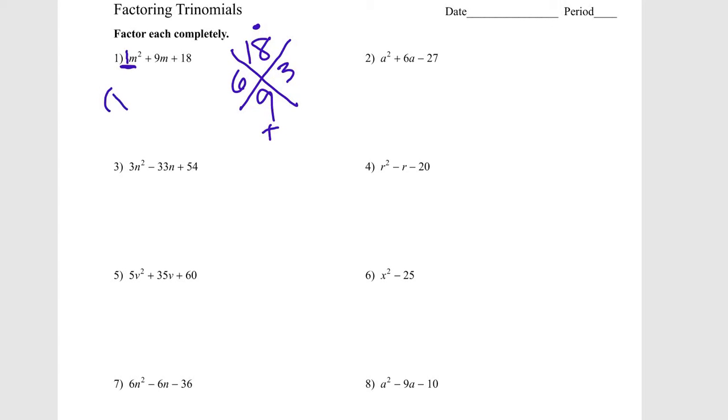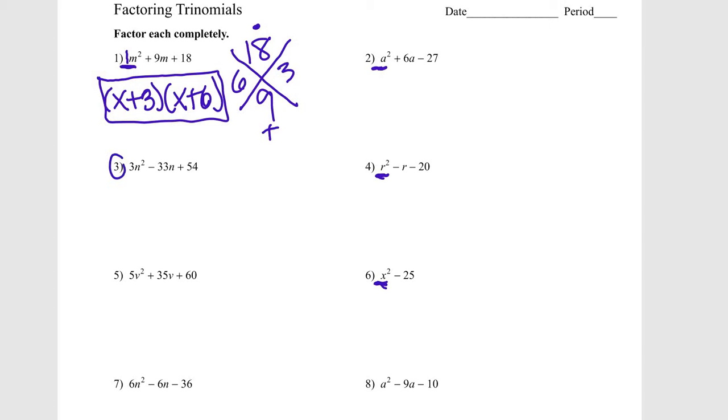That you can go straight from that to x plus 3, x plus 6, and get your answer. So it's much quicker and probably easier, but it only works in these types of problems where there's not a different number in front of your squared term.